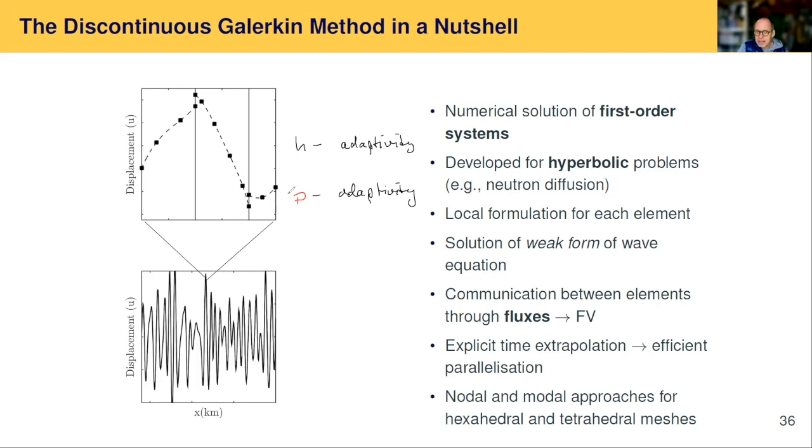So the p stands for the polynomial order. Now, something that's extremely difficult or impossible to do with spectral elements is to change the order of the scheme locally.